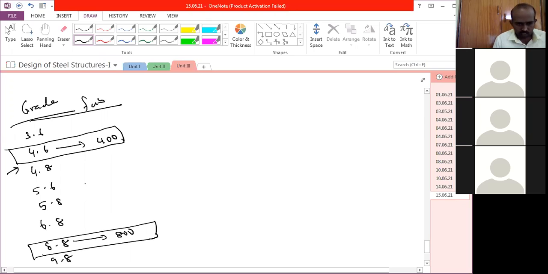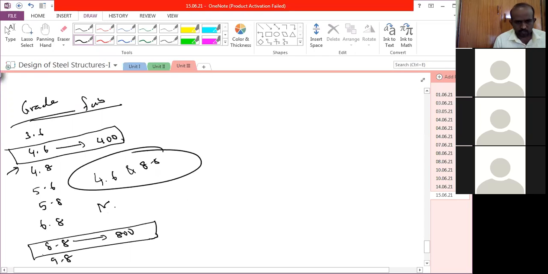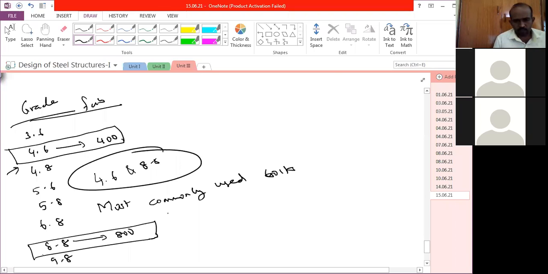So it was mentioned that 4.6 and 8.8 grade bolts are most commonly used in the field. So in your problem also you can expect either 4.6 or 8.8, right?